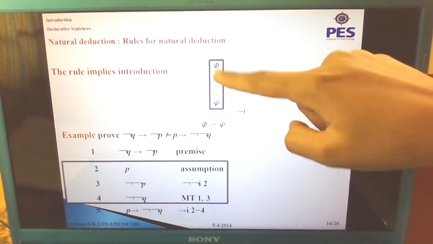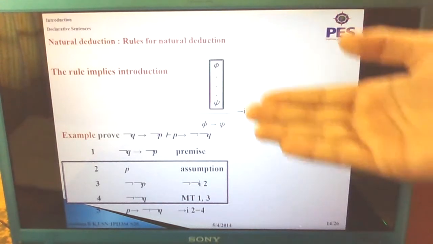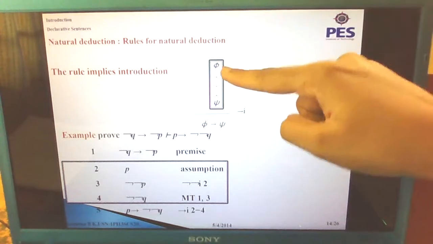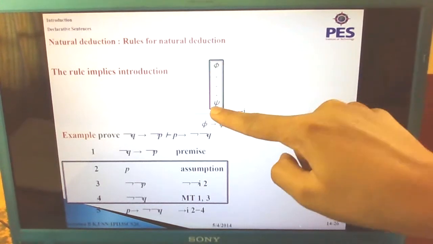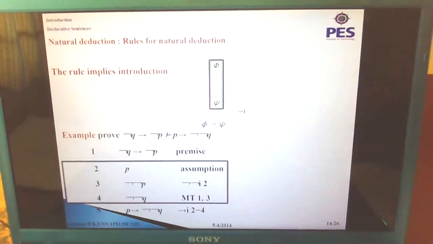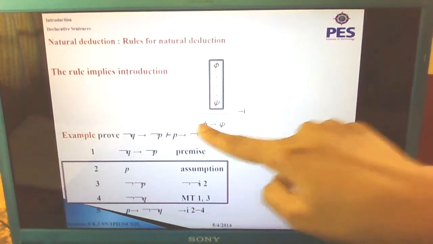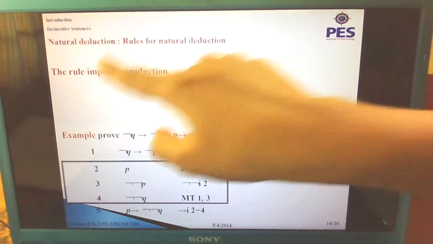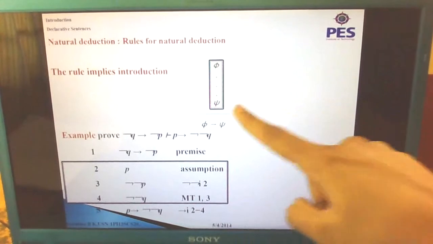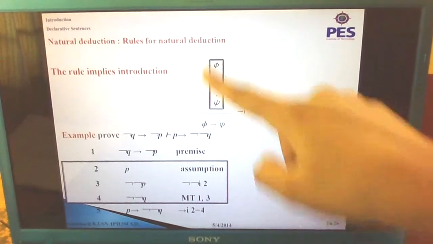Using that phi, we conclude that psi is also true. So within this box we conclude that phi gives rise to psi. It introduces an implication symbol on phi and psi.